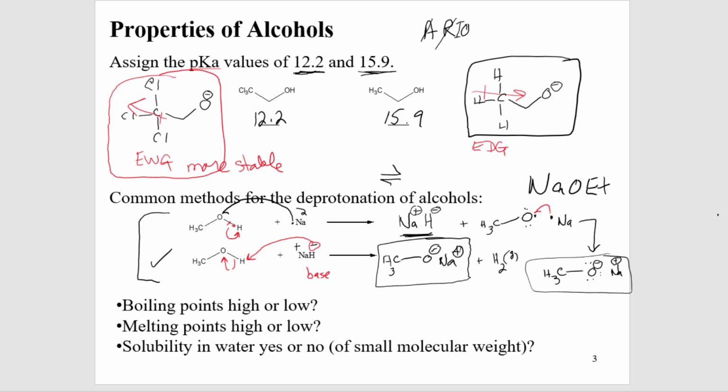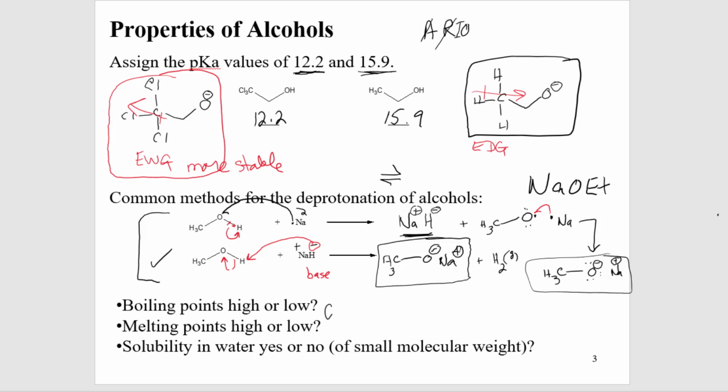Okay, what about properties of alcohols like boiling points and melting points and such? Well, let's think about what aspects of a functional group play a role in making boiling points and melting points high or low. Remember, we first look for intermolecular forces like hydrogen bonding, right? And the alcohol has a hydrogen on a heteroatom.